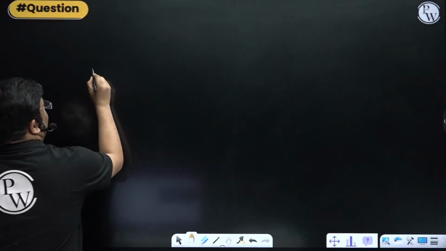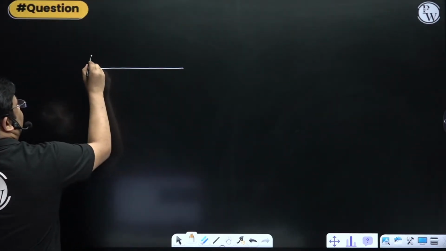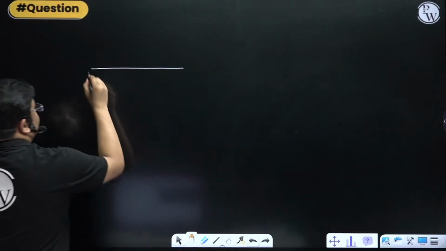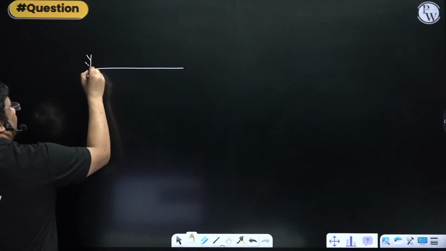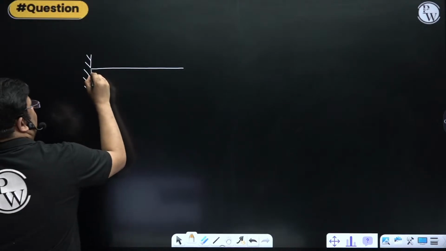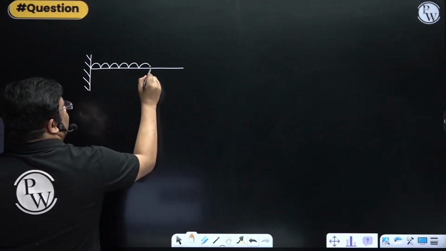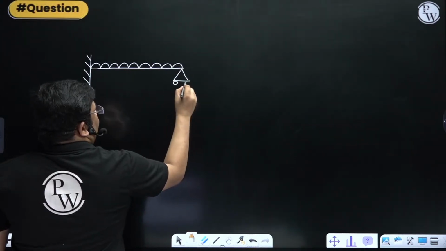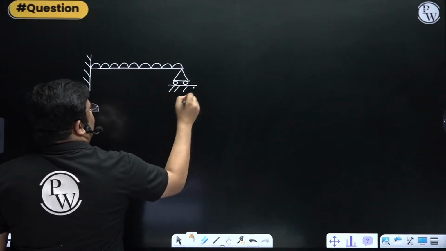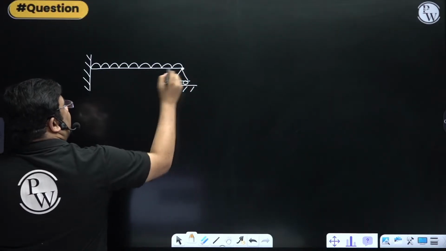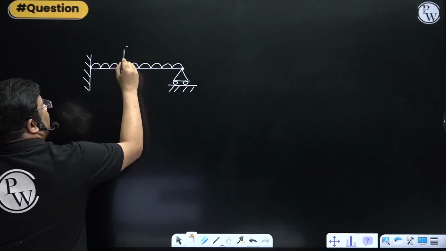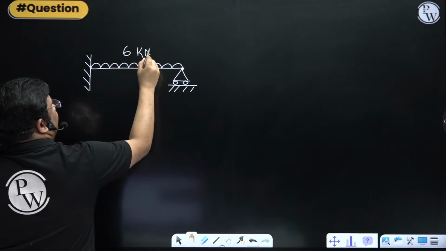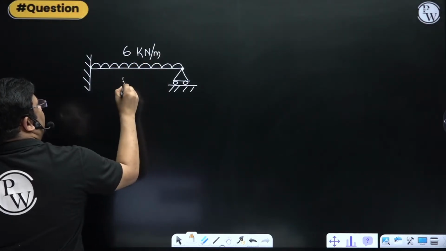You see, suppose a UDL is given like this. This is the propped end, and suppose I am telling that this is 6 kilonewton per meter and this is 4 meter.